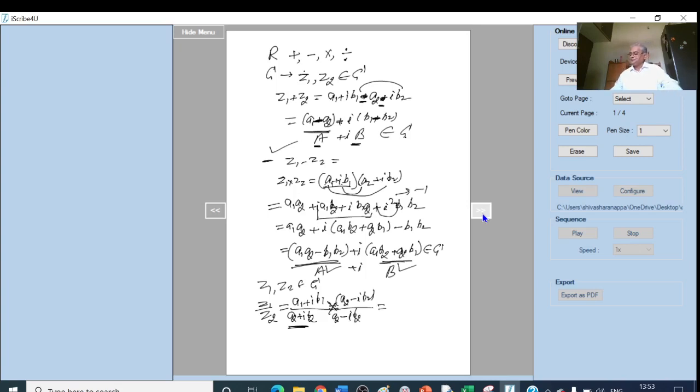This is equal to, see, the numerator becomes A1 A2, and if I take these two terms here, plus into minus is minus, I into I is I square, which is minus 1, minus into minus is again plus B1 B2.